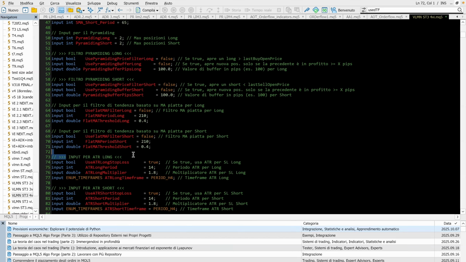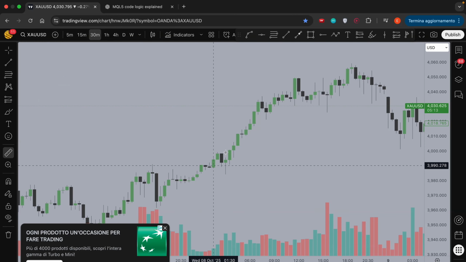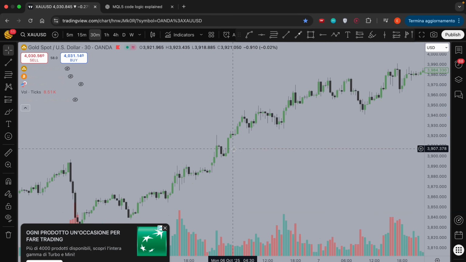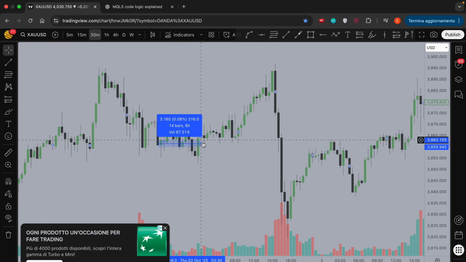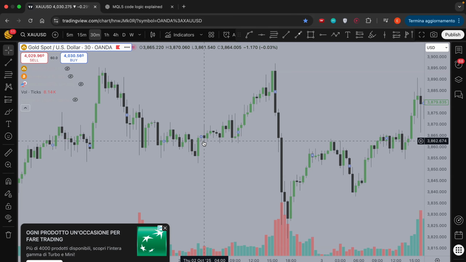And then the algo with a formula is going to calculate the average and then multiply the average by a number. In this case it is 1.8, but it's just for the sample. I optimized that, and I think now it is 2 times the ATR. So that's something very flexible, because as you can see here in this type of market, the stop loss is going to be bigger than the stop loss in some other, let's say, ranging markets, in this case where the ATR is very small because the average movement is much lower.